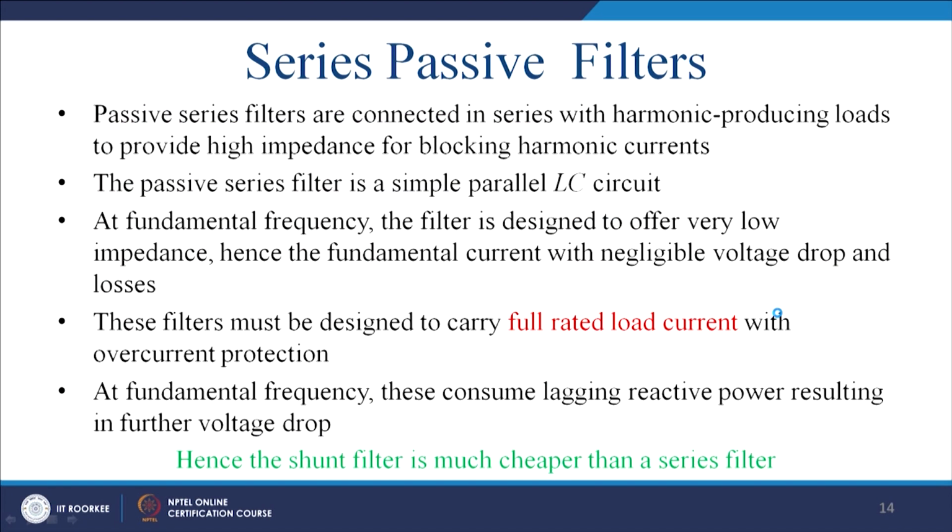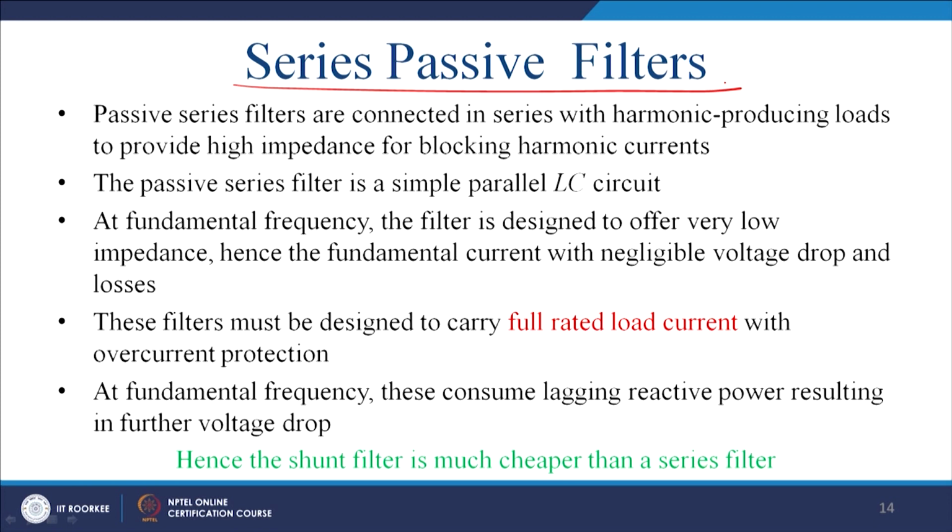Now let us talk about the series passive filters. We generally prefer the shunt passive filters because of the anti-resonance, and you bypass this, it will provide the sink for the high frequency.